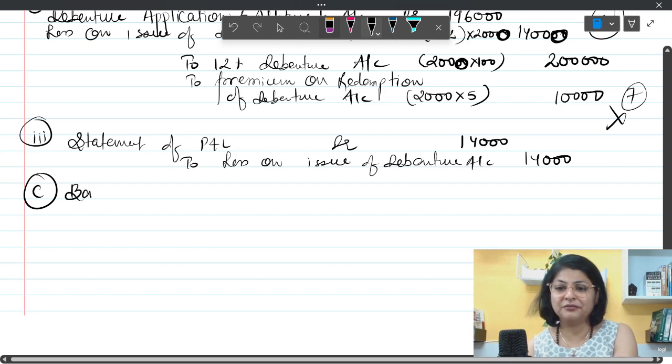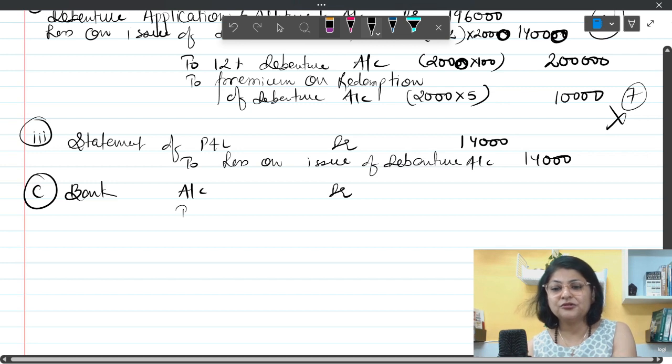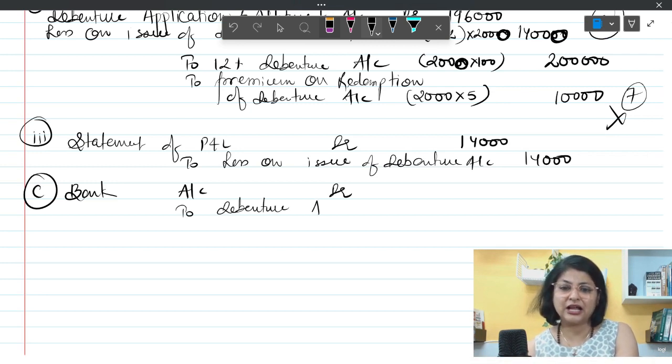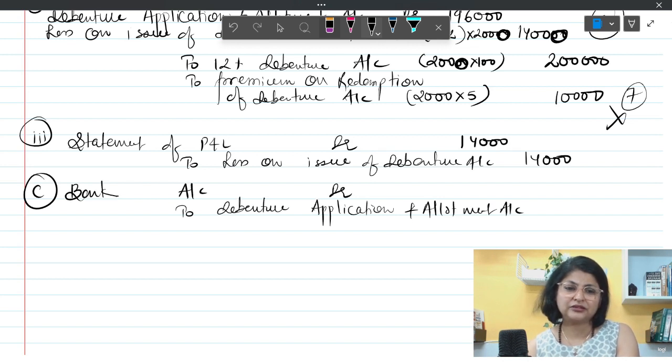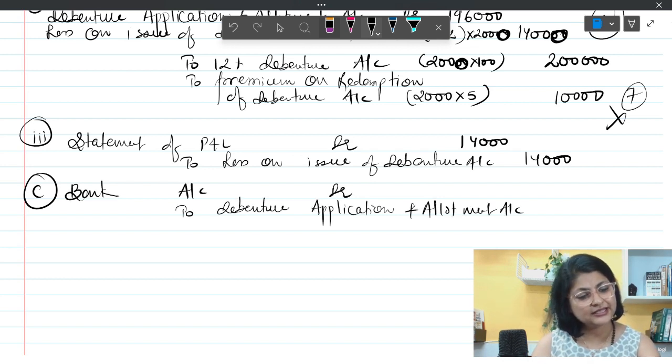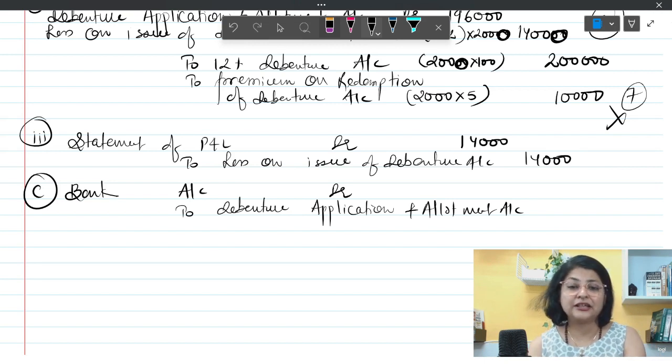First entry will be bank account debit to debenture application and allotment. And this is going to be 6,000 debentures multiplied by 105 rupees, as the debentures are issued at 105 rupees.